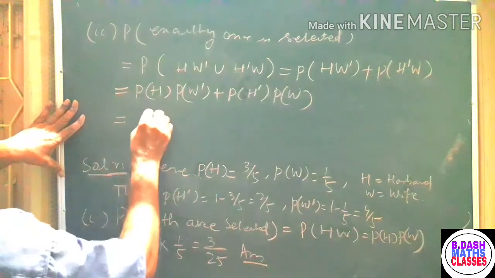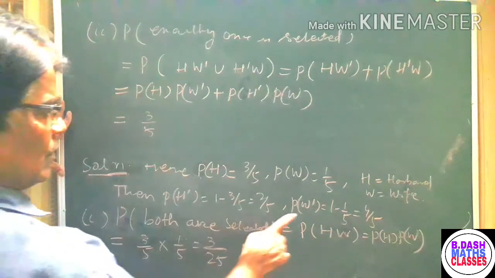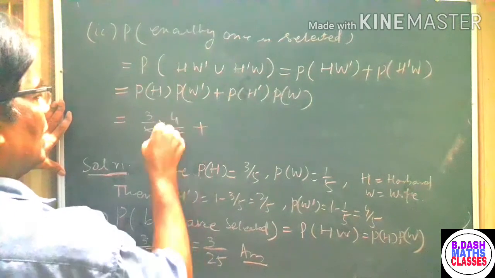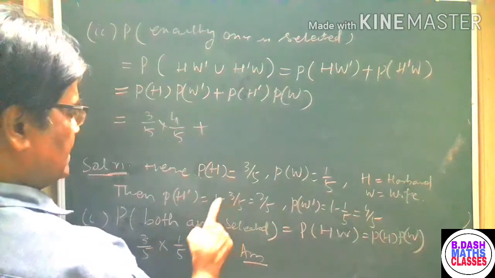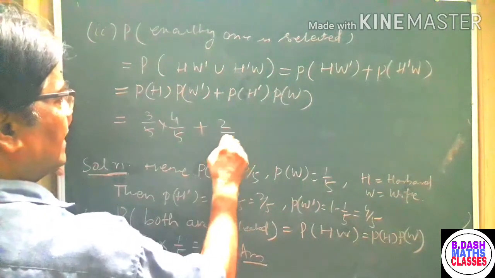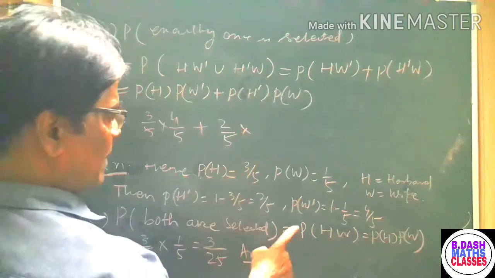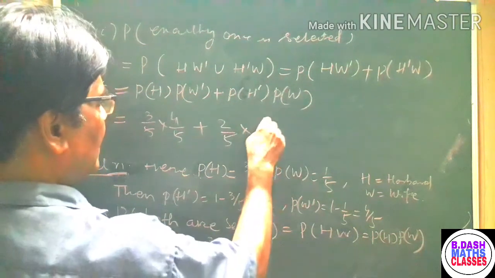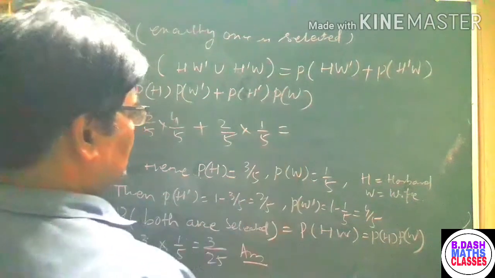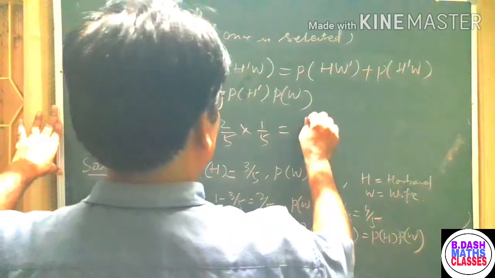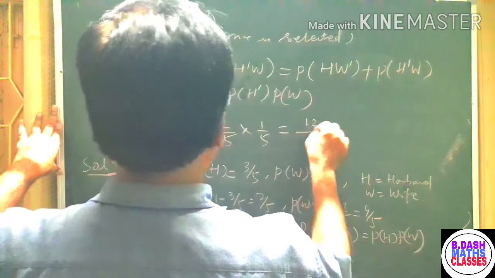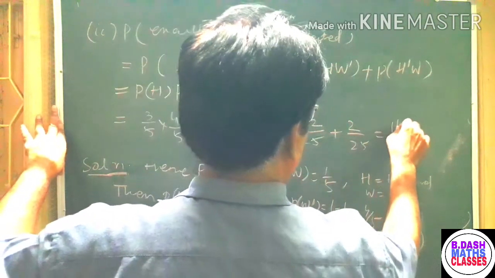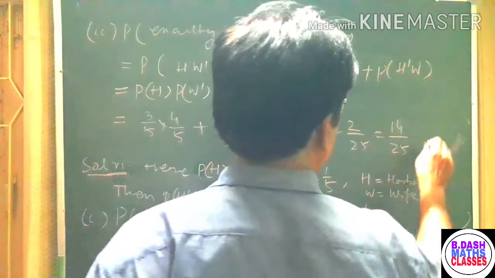Probability of H is 3 by 5, times 4 by 5, plus H dash is 2 by 5, times the probability of wife, 1 by 5, is equal to 12 by 25 plus 2 by 25, which is 14 by 25.